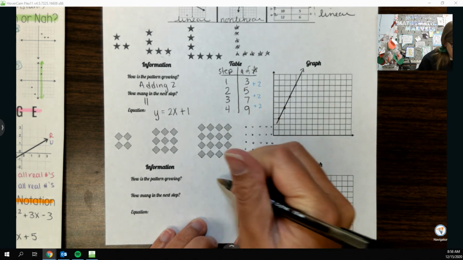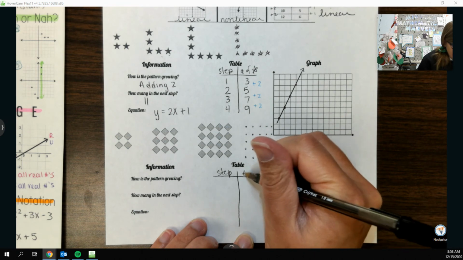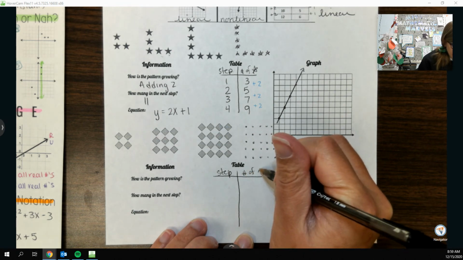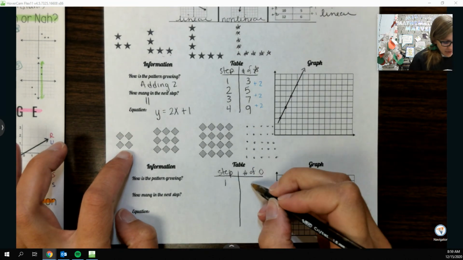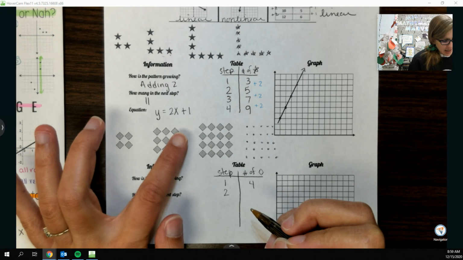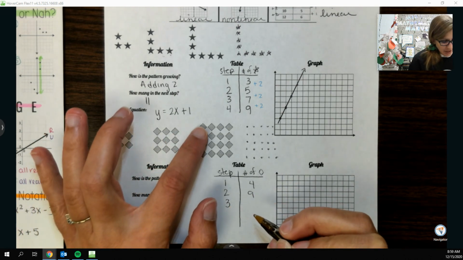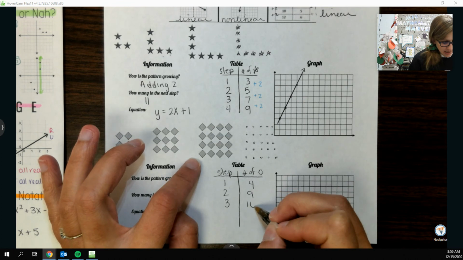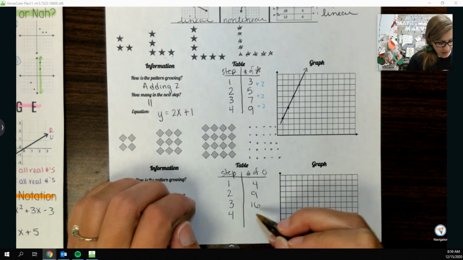If I make a table where I do step and then number of diamonds or dots, in the first step I had 4. In the second, it's like a 3 by 3, so 9. In the third, 16. And in the fourth, I had 25.